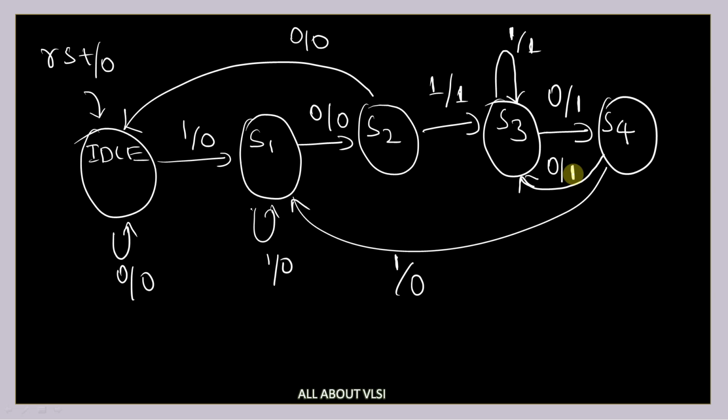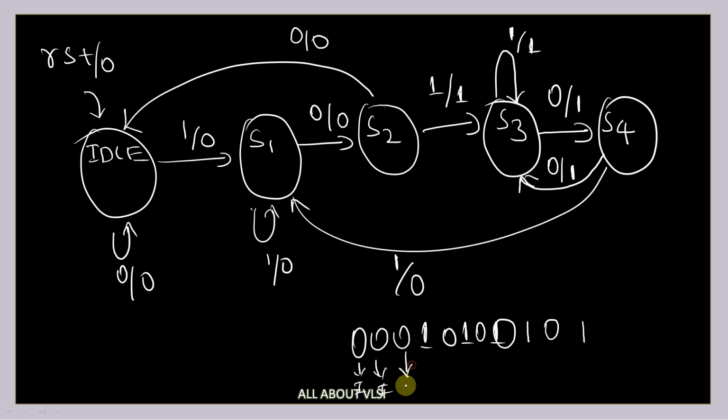Is it clear? So if you are having doubt, you can write down the pattern here: 0, 0, 0, 1, 0, 1, 0, 1. Or you can write 0, 0, 0, 1, 0, 1, 0, followed by one more 0, followed by 1, 0, 1, like this. Okay. So if I get 0, I'm going to stay in the same state: idle, idle, idle.